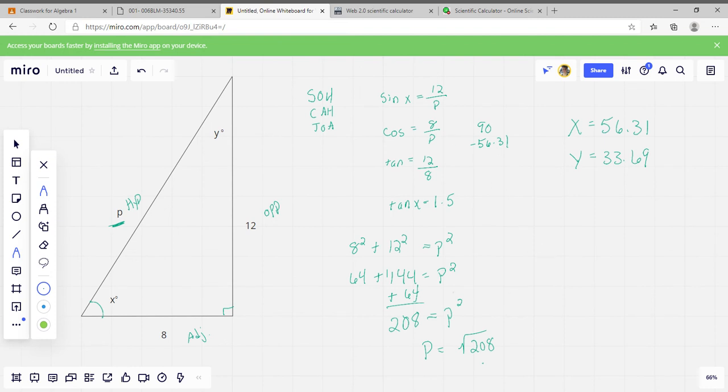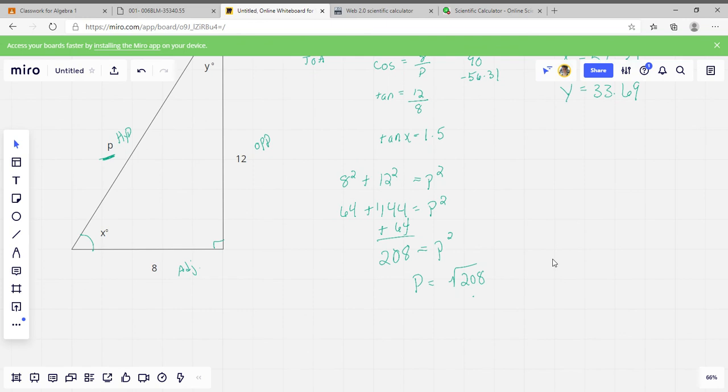So the square root of 13 times the square root of 16, and the square root of 16 is 4. So p equals 4 times the square root of 13.